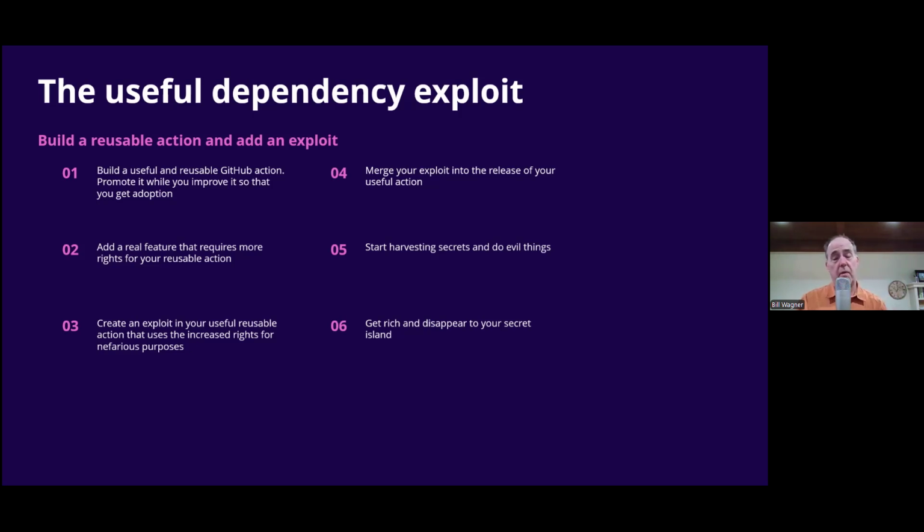So now I'm going to merge my exploit into a release, and now you're using Dependabot, and if you don't have it configured safely, it's just going to automatically grab a new version and say, hey, you got a new version of this dependency you're using. Let's just run it. And if you don't think through what could happen and whether you want to update that version and that release, then what's going to happen is now you're running the version with my exploit in it. So now I could be grabbing secrets and I could be doing evil things. And then once again, as the nefarious actor, I'll disappear to my secret island.